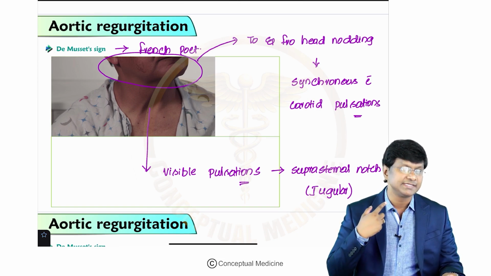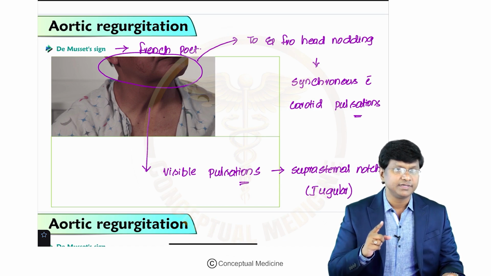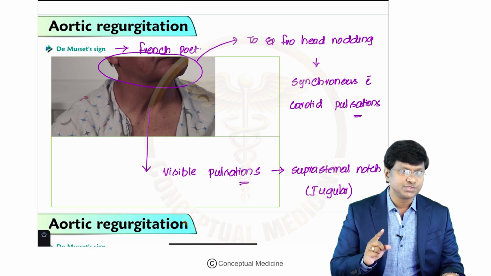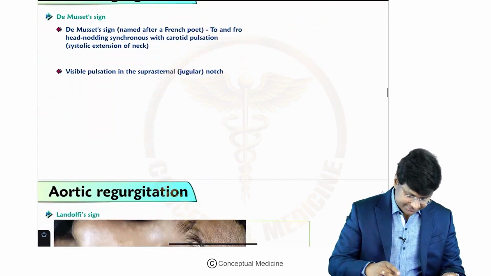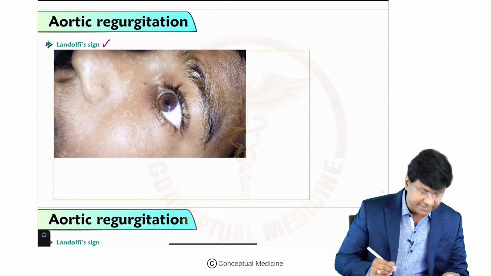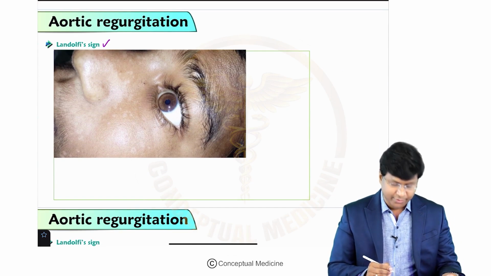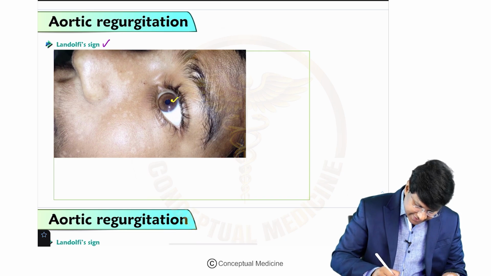One is your Corrigan sign, which is nothing but dancing carotids in the neck. And the next important thing is the de Musset sign, which is to and fro head nodding synchronous with the carotid pulsations. Next, following that, you have what is called Landolfi's sign. Now, what is this Landolfi's sign?